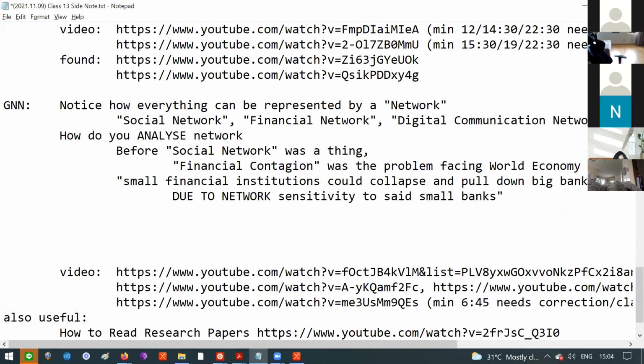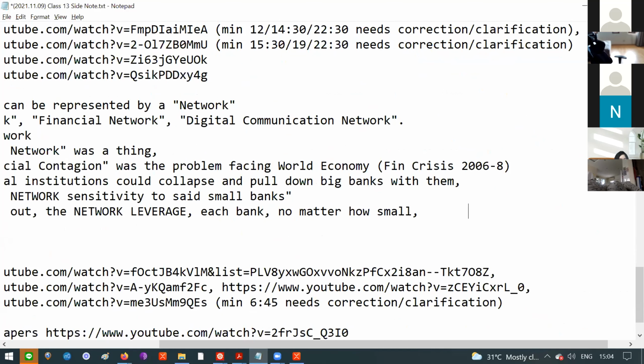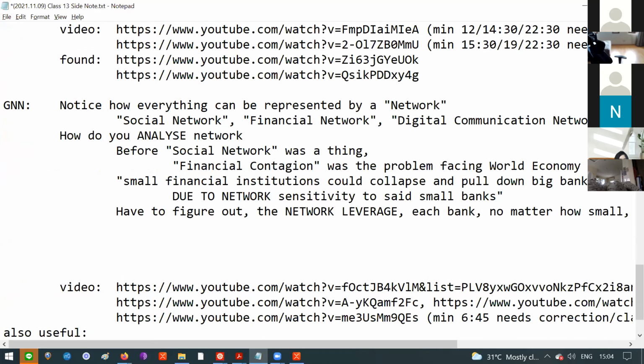So you have to figure out the network leverage of each bank, no matter how small. Okay? Excellent. And this becomes the concept of systemic importance.